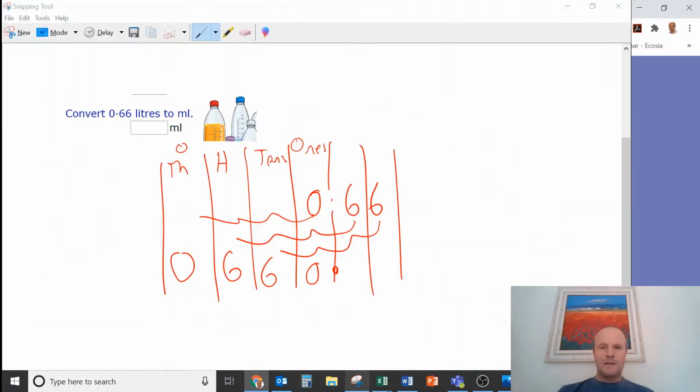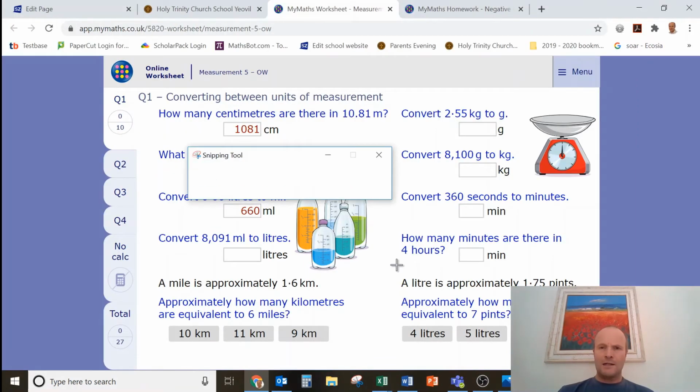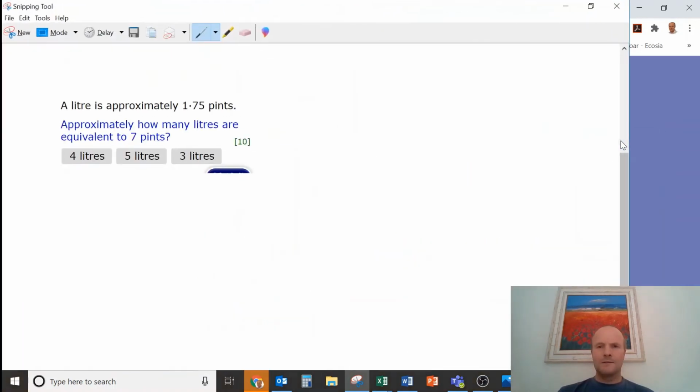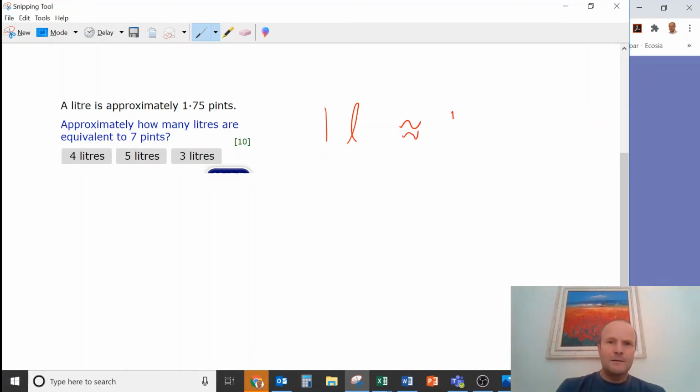Let's just do this one because it does take a little bit of thinking. Let's get 1 litre. It's approximately, so I can use this sign, 1.75 pints. Well, double 1.75. 1.75 is 1 3/4. 1 3/4 plus 1 3/4, the 1 plus 1 is 2. 3/4 plus 3/4, we're back to fractions again, equals 6/4, which is 1.5.